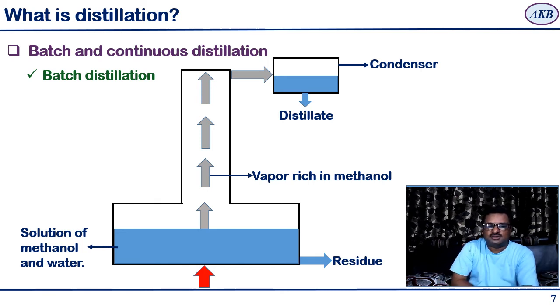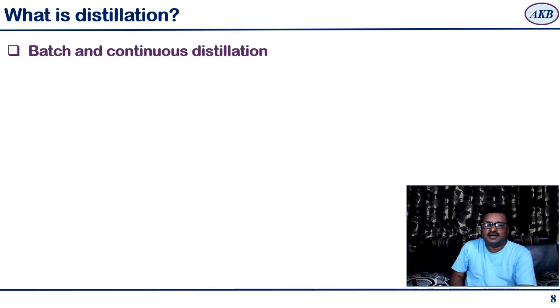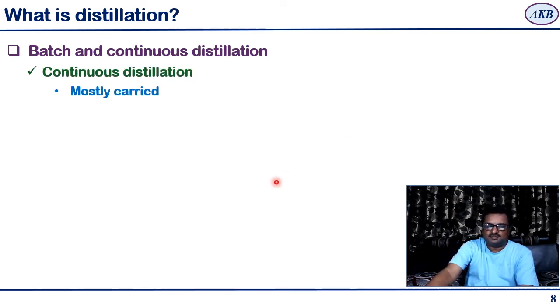So this is how distillation is carried out in a batch-wise manner. Now let us understand how distillation is carried out in a continuous manner, that is continuous distillation. Continuous distillation is mostly carried out in vertical cylindrical columns.